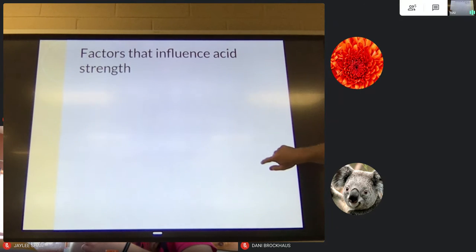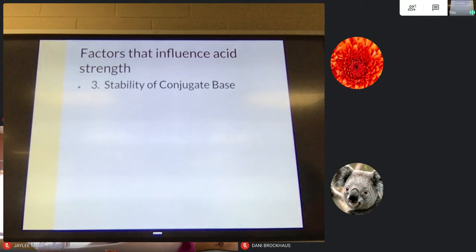And then the last thing that we're going to spend some time on is the stability of the conjugate base. Think of this as, what do the leftovers look like? How stable is the conjugate base? Is it cool with having a negative charge? The more stable the base is, the stronger the acid.